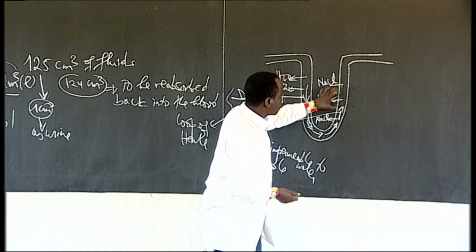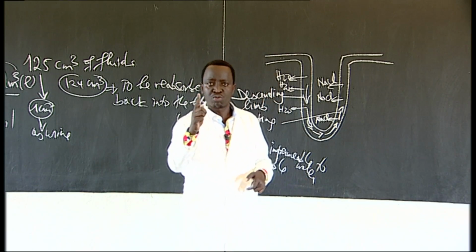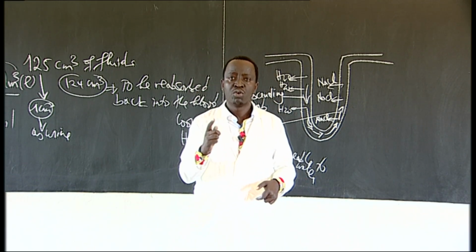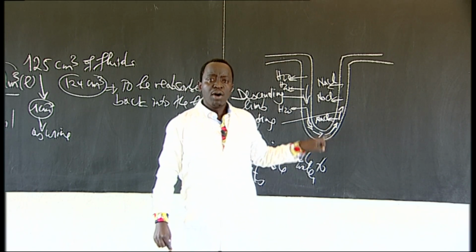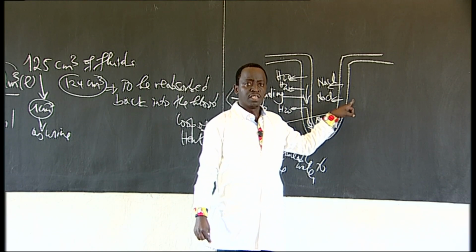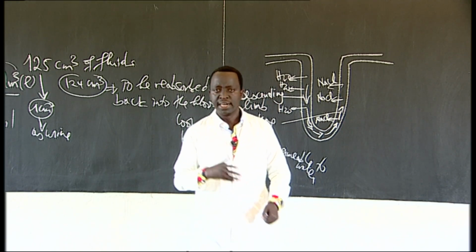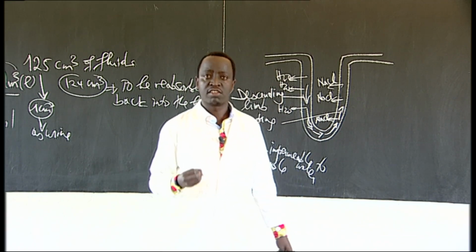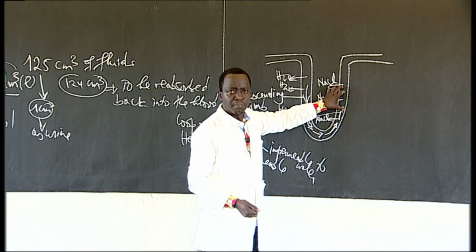So now, when the salts, ions, are removed out, what happens? Our urine is going to do what? Is going to be less concentrated. It's going to be diluted because there is water that is remaining here.